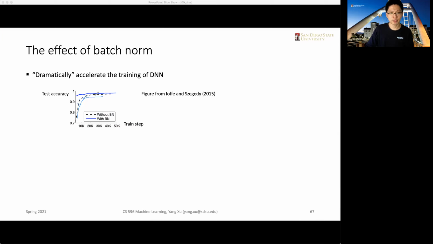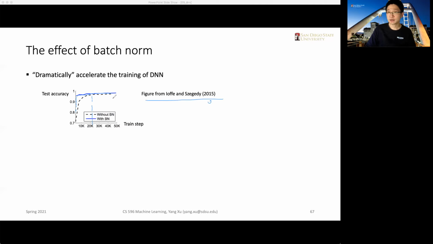Before we reach the highest point, there's still some way to go, like before 20,000 iterations, training steps. But with batch norm, within just a couple of iterations, it reaches the best testing accuracy. This is the result from the original paper.